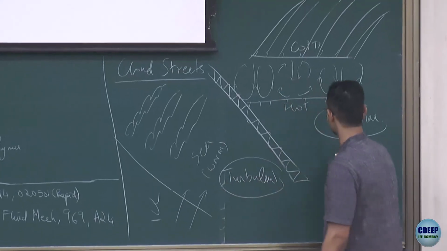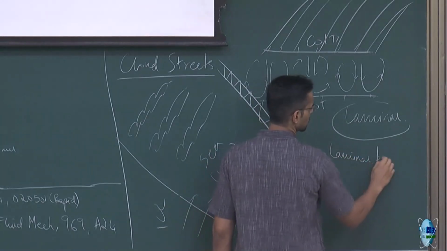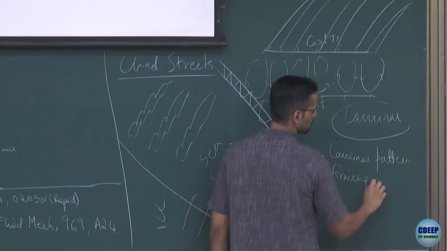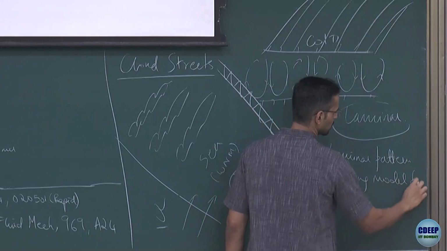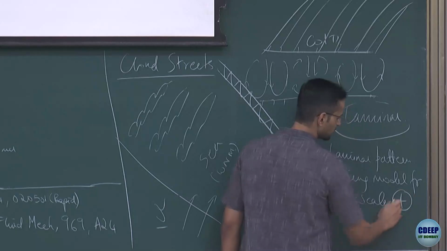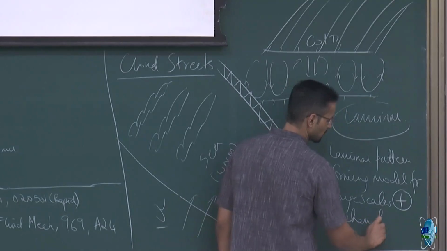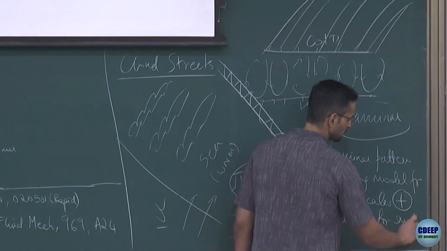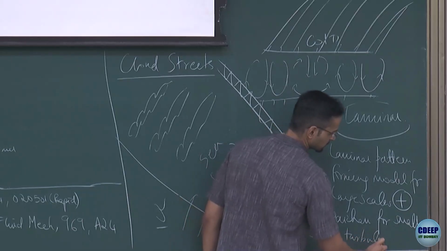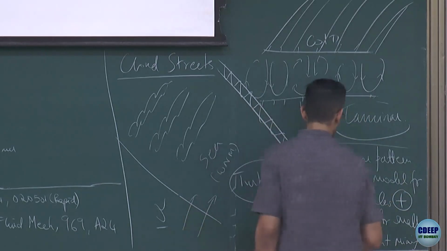So one way to understand this is to say, I take my laminar, right, pattern forming model for the large scales, and then to that I add, okay, the Kraichnan model for small scale turbulent mixing. Right, so that would be an idea.